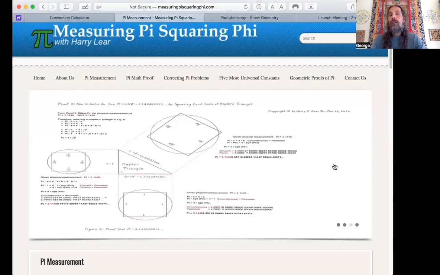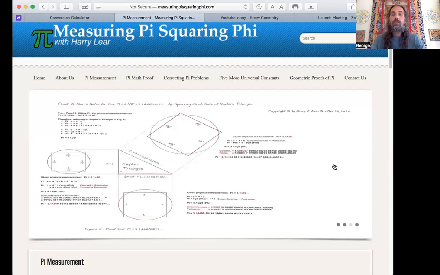And definitely I'm not trying to come up with the value of pi here. I'm trying to decipher whether the true value of pi is closer to 3.141, the standard value, or 3.144, the golden pi.